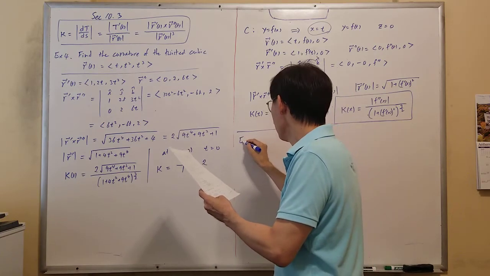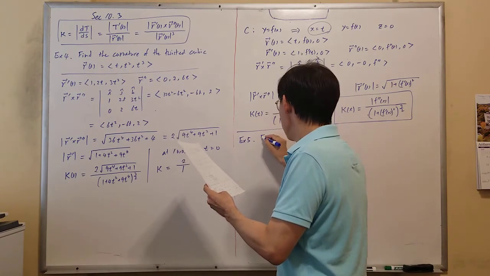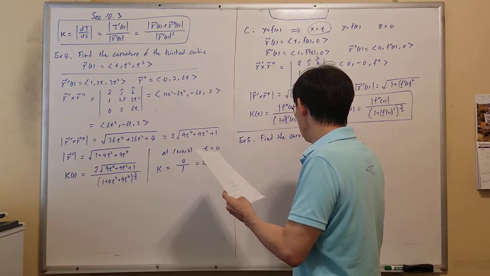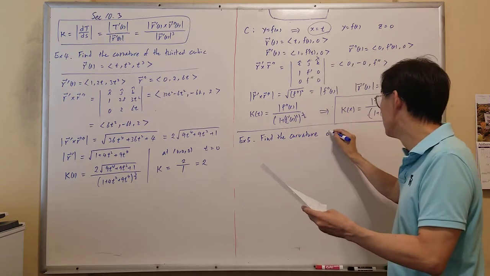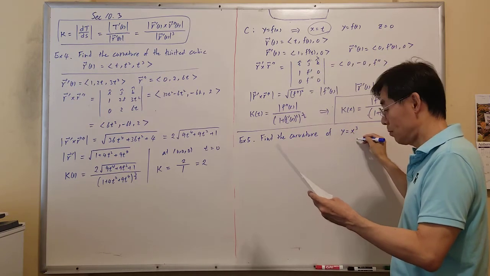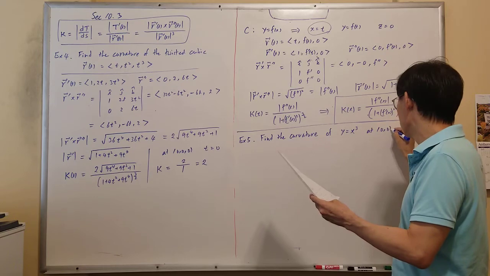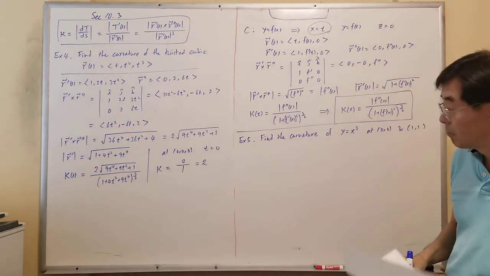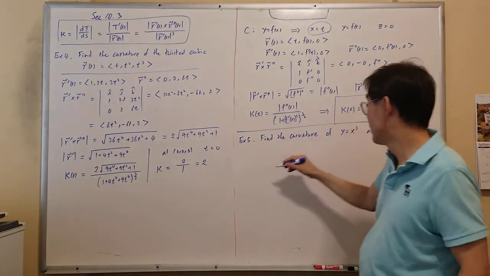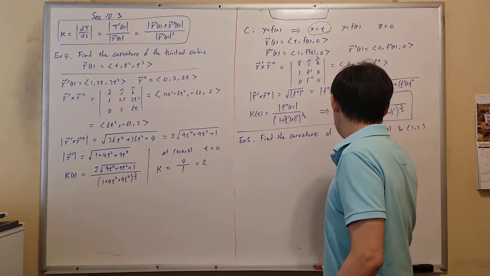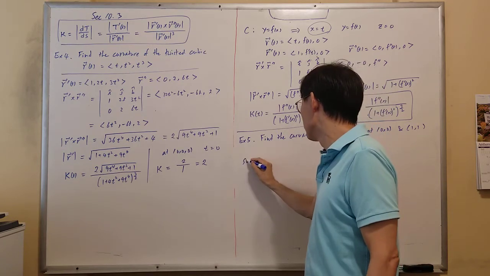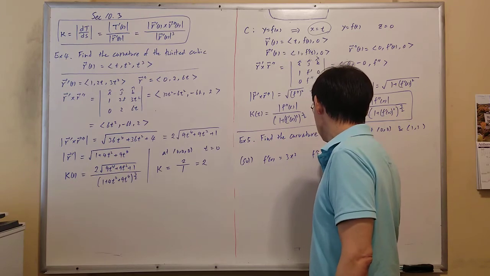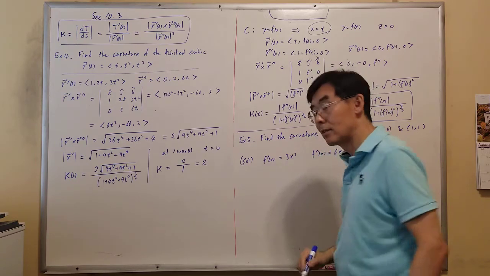So, example 5. Find the curvature of the graph y equals x cubed at (0, 0) and (1, 1). Okay? Well, this is your f of x. So, f prime of x is 3x squared, and f double prime of x is 6x.